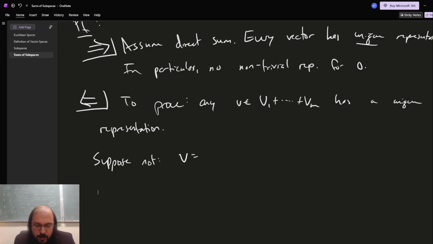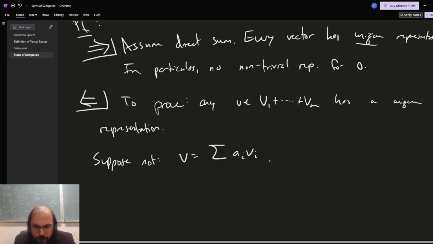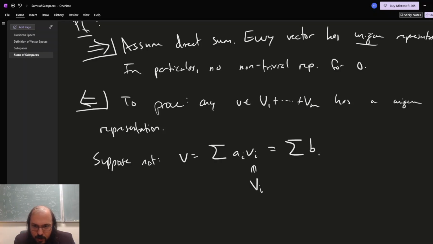So if I can write this in two non-trivial ways, then I can write v as a sum of some v_i's, where each v_i lives in big V_i. And then I'm saying, suppose I have two representations. So I also have, for some different choices of constants and some different vectors, u_i, because these vectors could be anything. They just live, each one lives in its respective vector space.